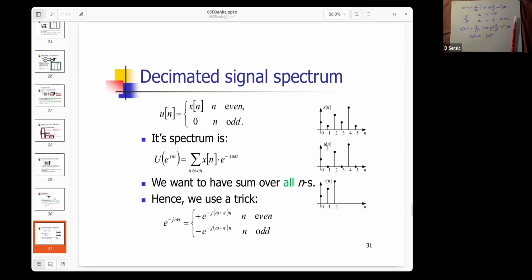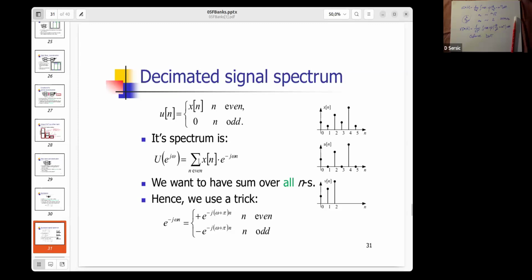We need that helper signal to develop an equation and to see what happens in the frequency domain. Okay, so what is the spectrum of U? We have to apply the equation. Here it is. But the sum goes only over even n. It is not a practical way to express something.